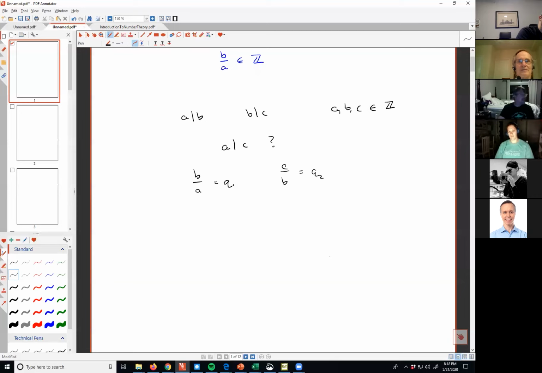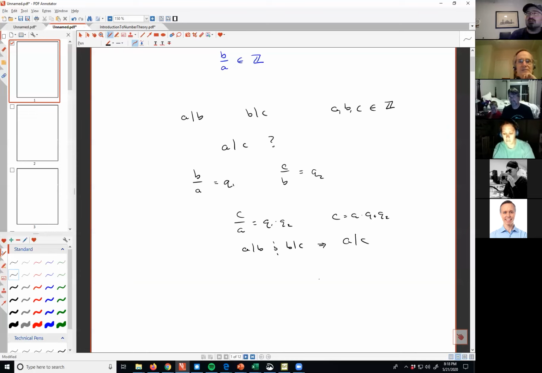Then the product of these is C over A, which is quotient 1 times quotient 2, which tells us that yes, C is a multiple of A, and therefore A divides C. We'll write it like that to make the theorem look as compact as possible: A divides B and B divides C. We pass that along transitively.